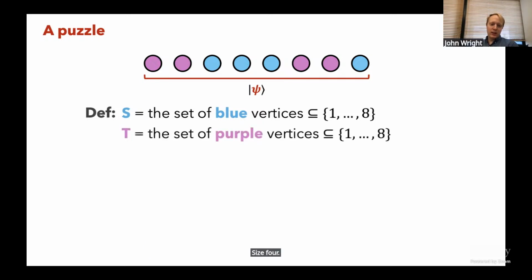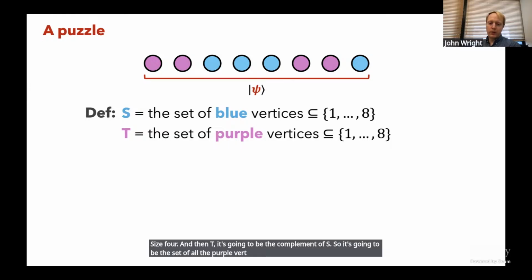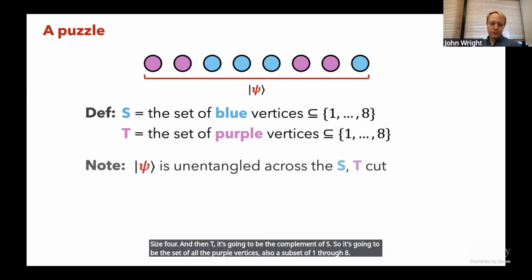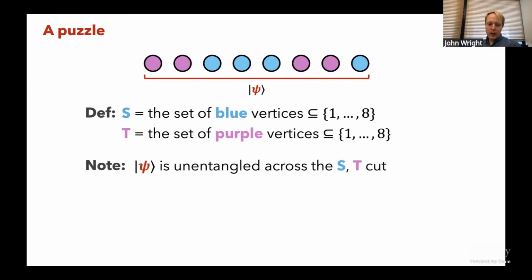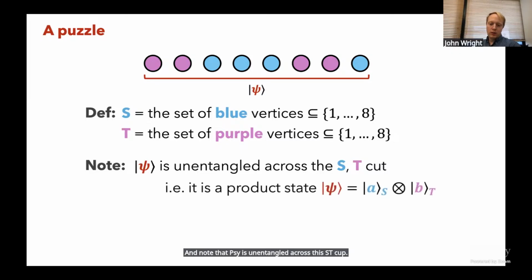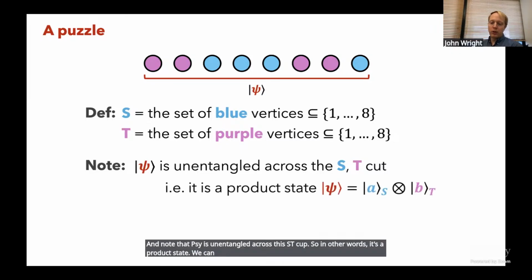And then T is going to be the complement of S. So it's going to be the set of all the purple vertices, also a subset of 1 through 8. And note that psi is unentangled across this S-T cut. In other words, it's a product state. We can write psi equal to ket A on the S qubits, tensor with ket B on the T qubits.